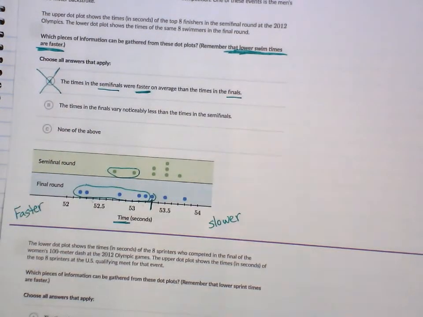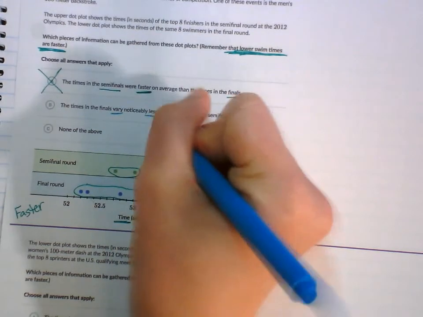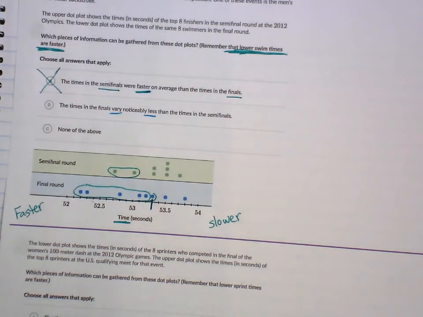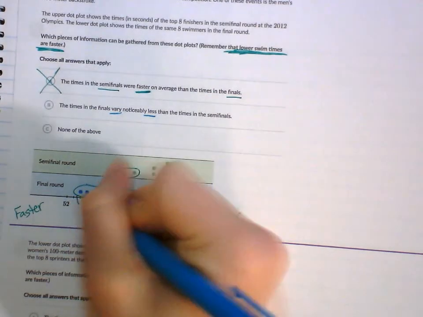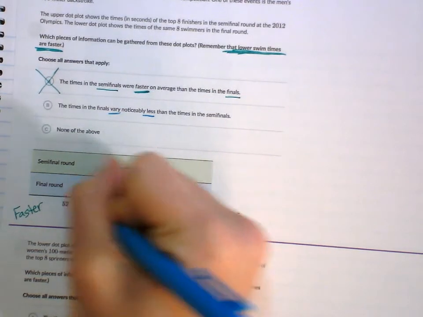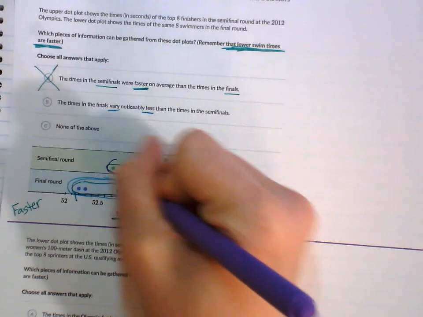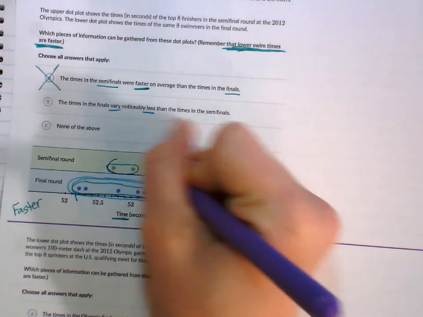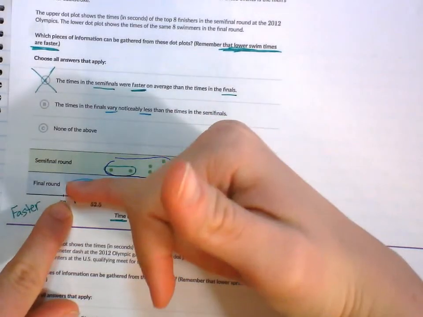B, the times in the finals vary less than the semifinals. Varying, how spread out it is. Well, the finals is spread out all this much. That's pretty spread out. The semifinals are spread out much less. The spread of the final is like my pinky length.